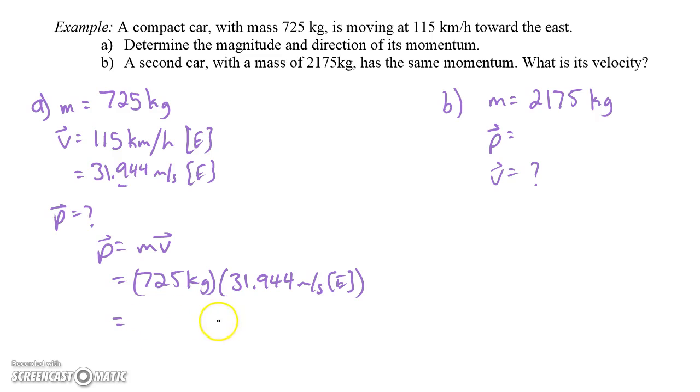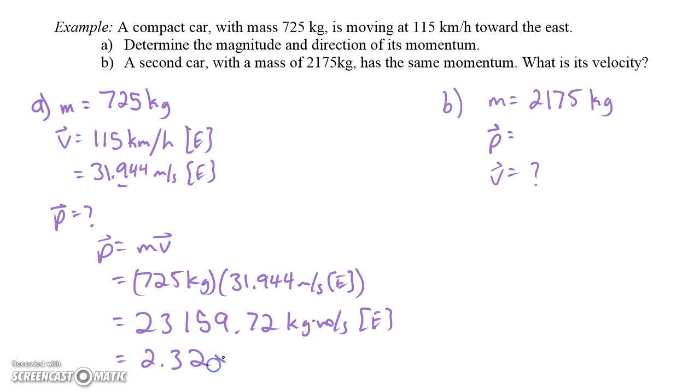And we get a final momentum that our calculator tells us as 23159.72 kilogram meters per second east. And we're going to have 3 sig figs, so we're going to have to go into scientific notation: 2.32 times 10 to the 4 kilogram meter per second. And that's directly east in our momentum.